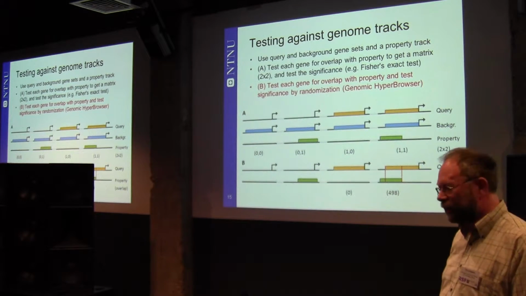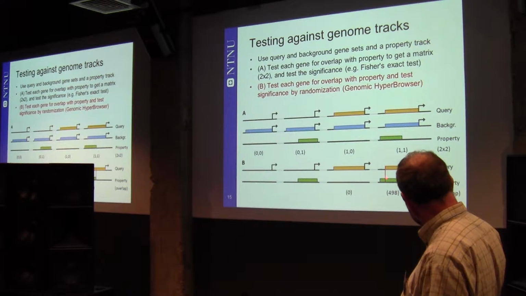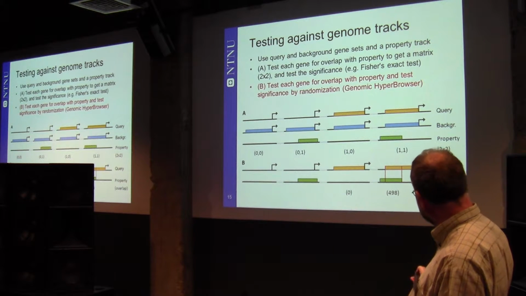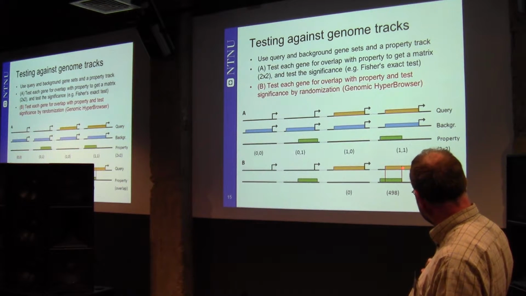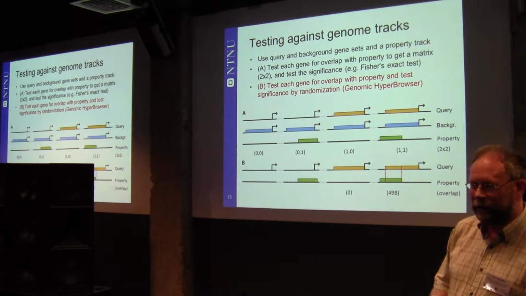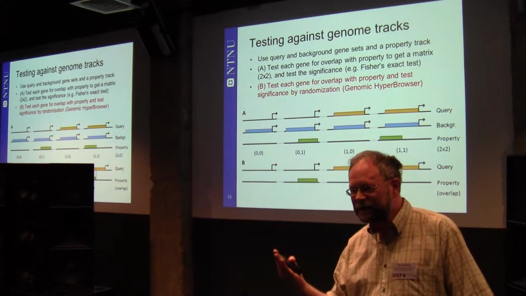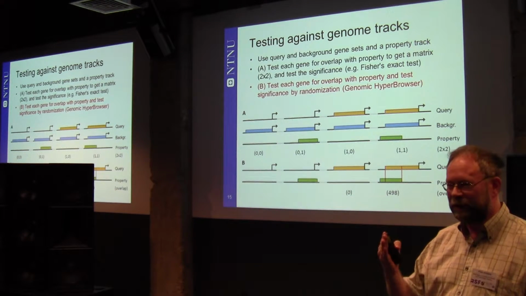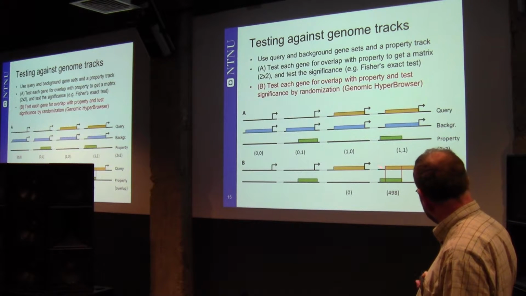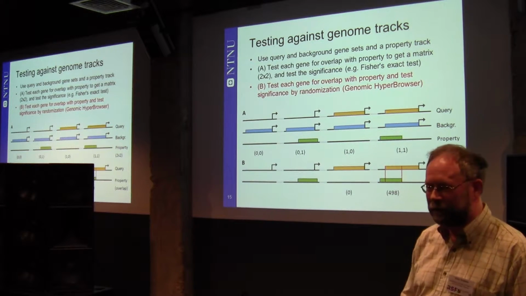It's just a random number in this case. But you can estimate the amount of overlap. Or you can estimate the distance between, for example, the midpoint here and the midpoint here. That's another option. The essential idea is that you estimate the property that says something about the relationship between the query and the property you're looking at.